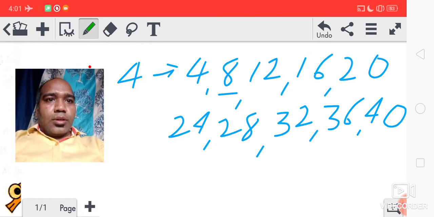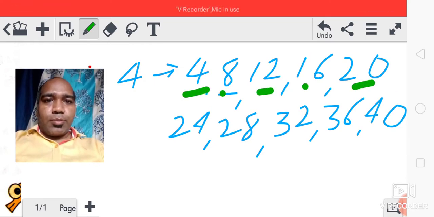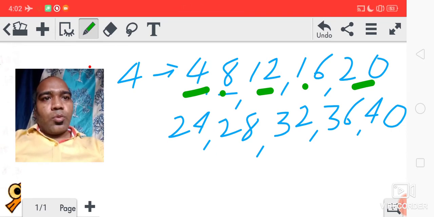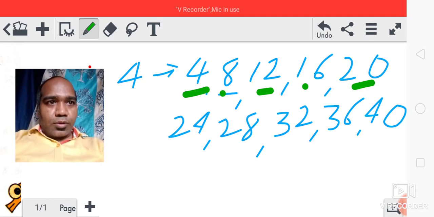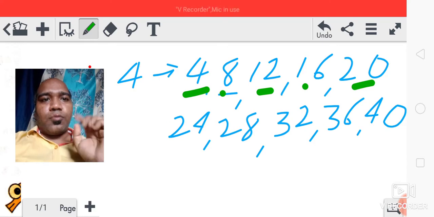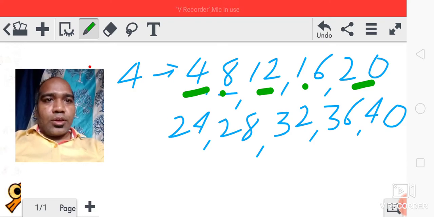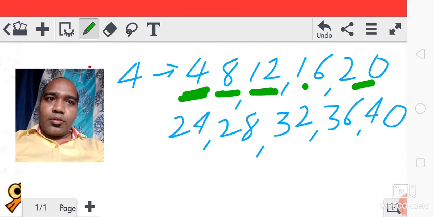Now, 4, 8, 12, 16, 20 are all multiples of 4. If I ask you to tell me the first 3 multiples of 4, we have to see: 4 is first, 8 second, third 12.